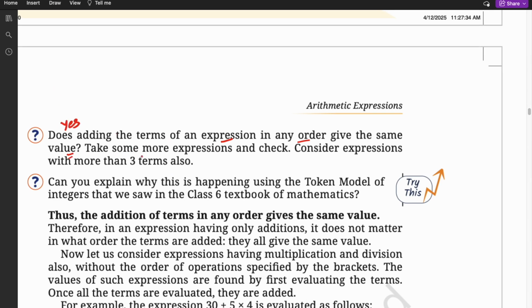Take some more expressions and check. We have to take more expressions to check, and consider expressions with more than 3 terms also. Let's take more than 3 terms. So for example, -2 plus -1 plus -3 plus -4. Here, first we add -2 plus -1 and the other terms as it is.